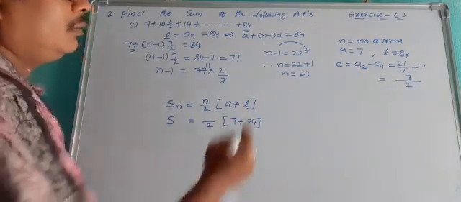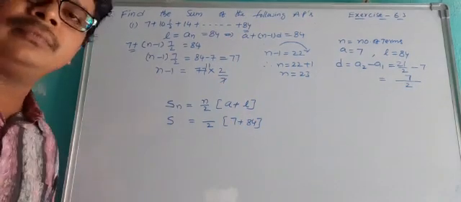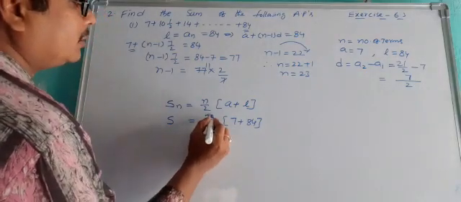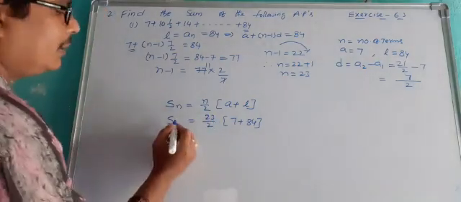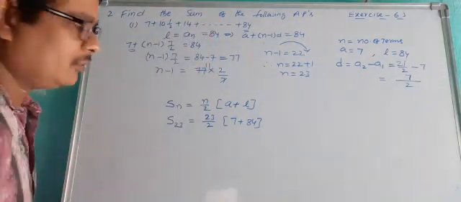So we know the value of n also: n equals 23. So the number of terms from 7 to 84 is 23.